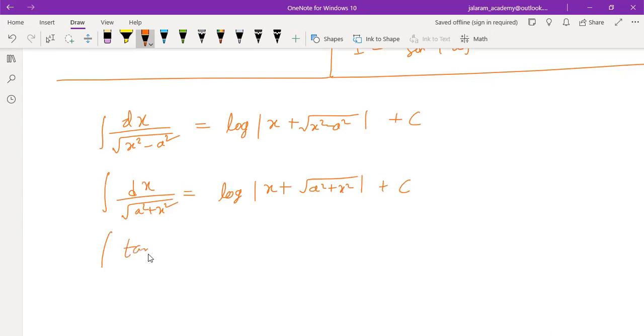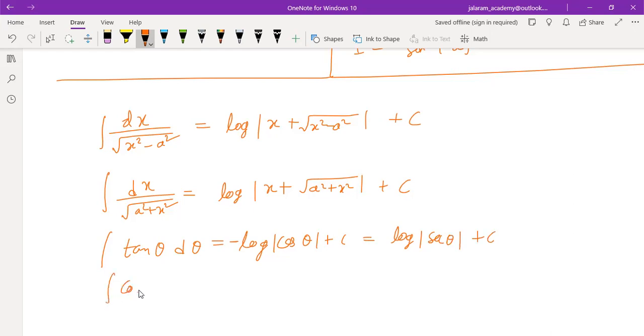Integration of tan theta with respect to theta is minus log cos theta plus c, or we can also write log, as we know that this coefficient minus 1 is raised to the power minus 1, cos theta to the power minus 1 means 1 by cos theta. So it becomes log sec theta plus c.